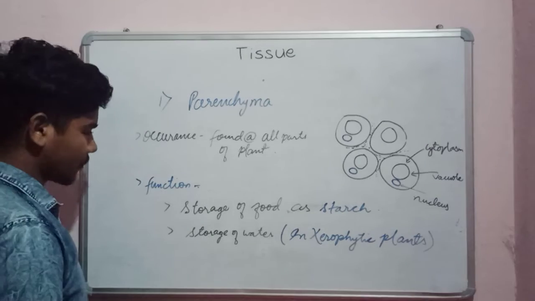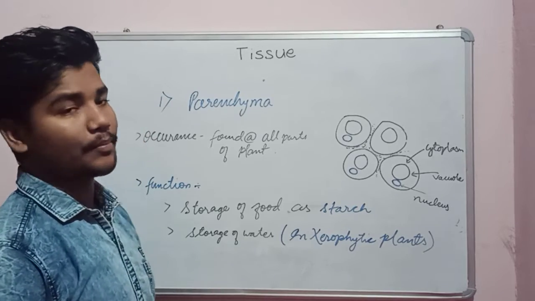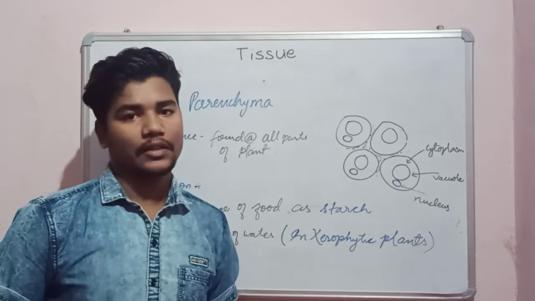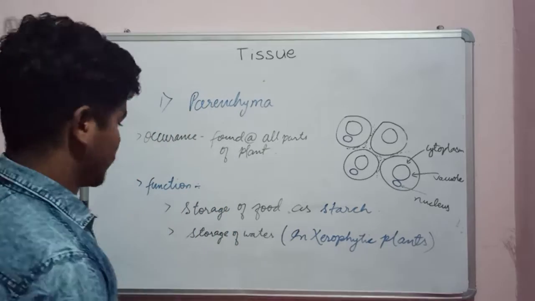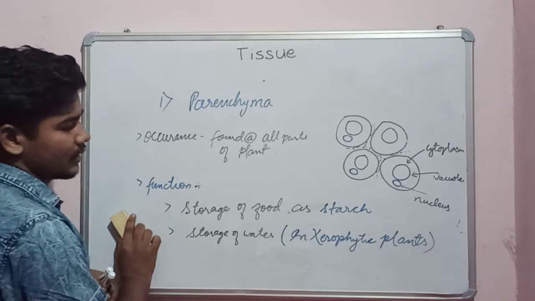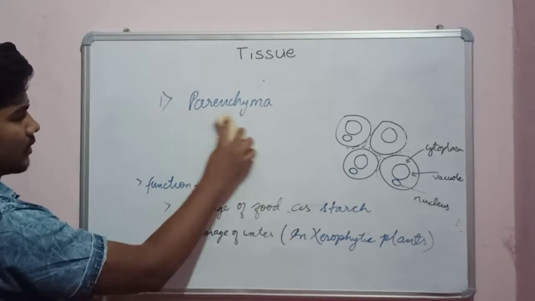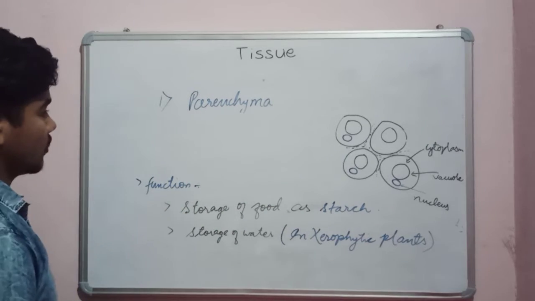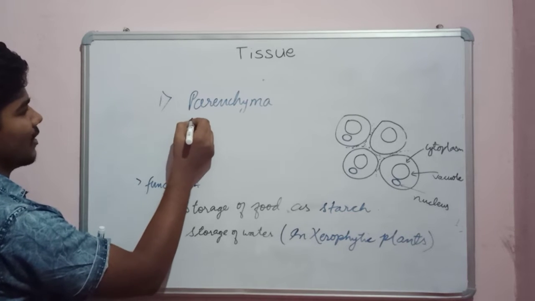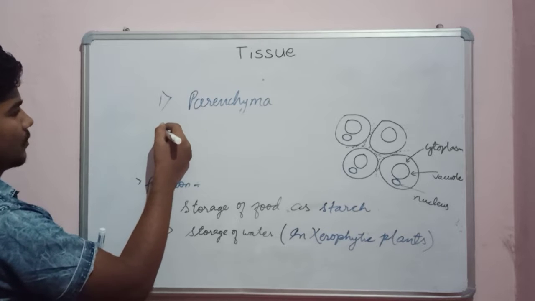Third one is, there are some derivatives of parenchyma. I mean, some cells have been derived in the course of evolution. Some of the names are, I hope you all have written this. Okay, let us erase this. Parenchyma is of two types, mainly of two types.